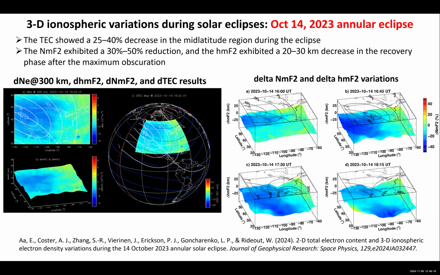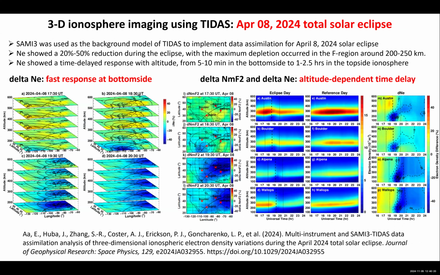And that's the most recent eclipse, the April 2024 total solar eclipse. This time we used SEMI3 as the background to do data assimilation. And this one is the delta Ne variation. We can see a very clear altitude-dependent response.